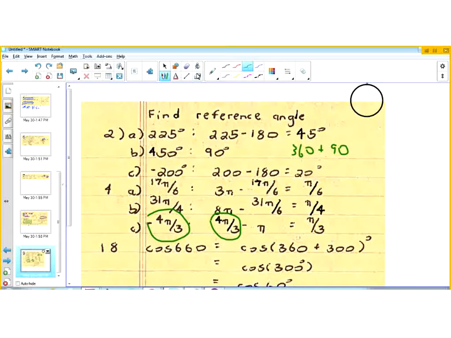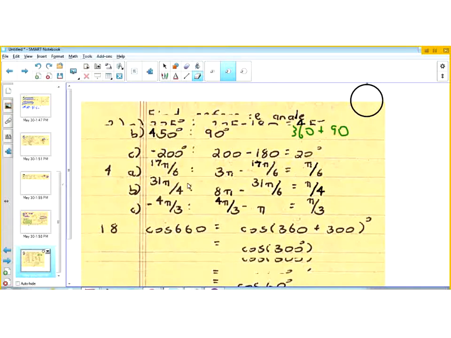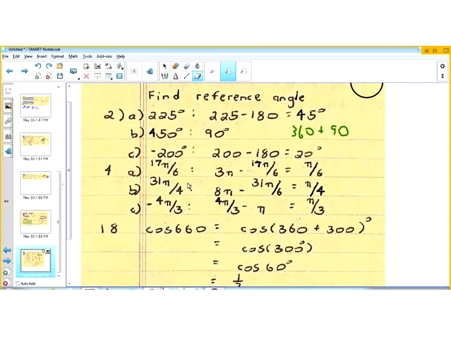You don't subtract anything yet. Just negate the angle, and that would assist you in finding the reference angles.